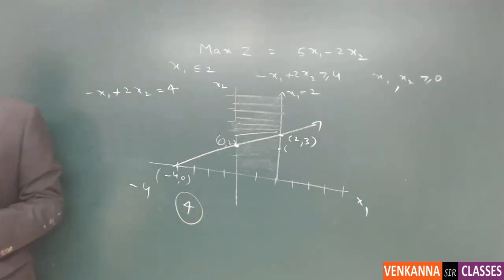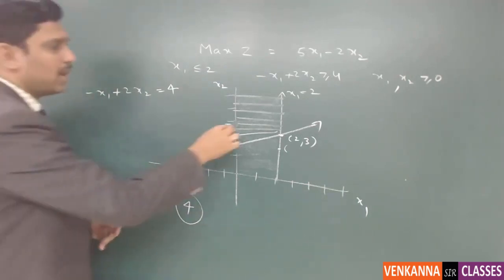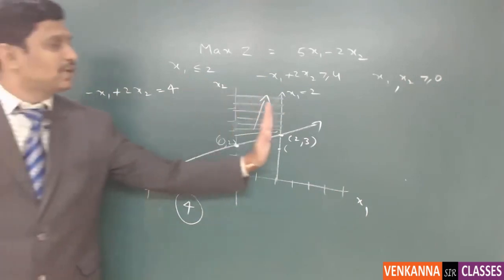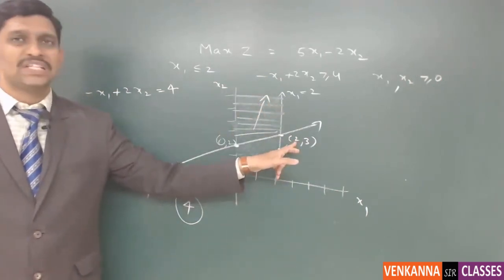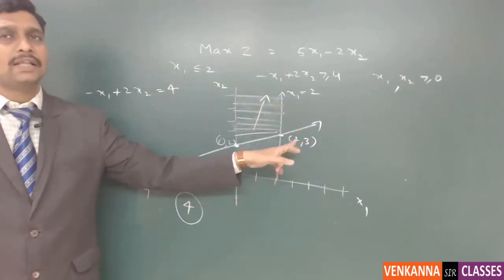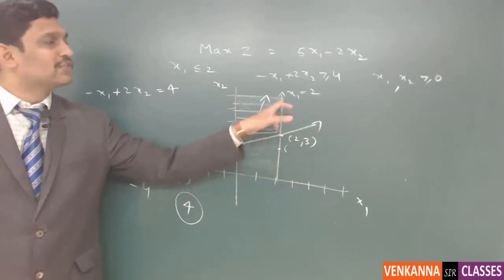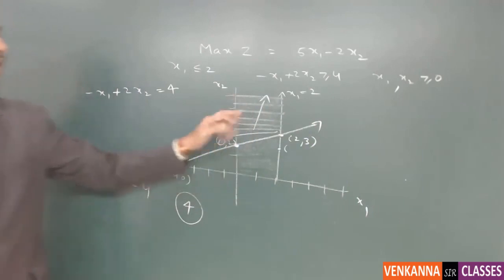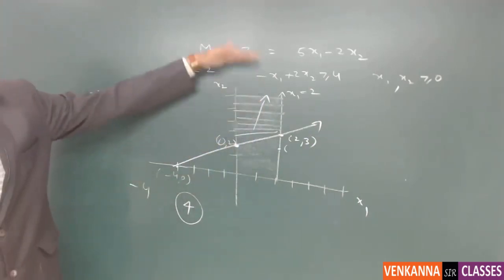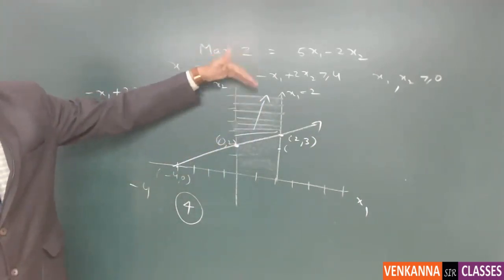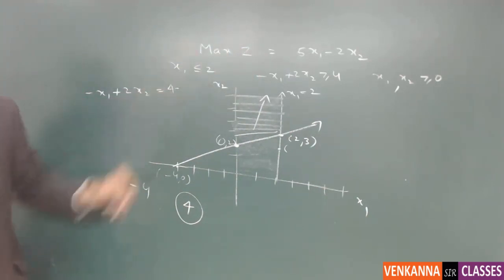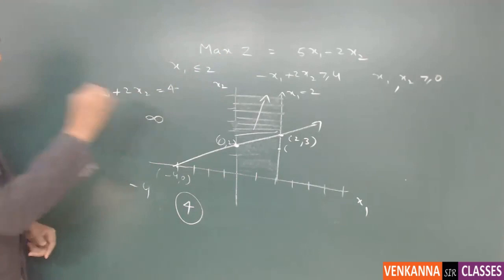Now the question that arises here is, if you keep on moving like this, even though the x1 coordinate is fixed, you cannot take x1 more than 2. If you take any point for x2, as it goes on increasing, it will be more than 3. Now the question is, will you get the maximum z as infinite or not?